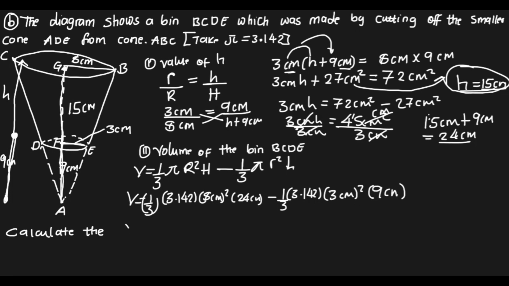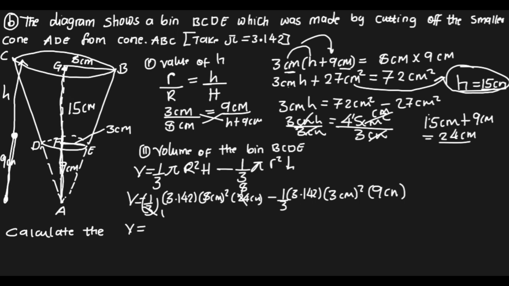Okay, so let's do the math. So we can cancel 3, here is 1. 3 into 24 is 8. So we'll do 3.142 times 8 squared. 8 times 8 is 64, so times 64, then times another 8.